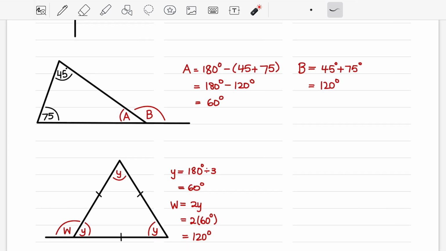For number 3, a is equal to 60 degrees and b is equal to 120 degrees. And lastly, y for an equilateral triangle is 60 degrees and w is 120 degrees.